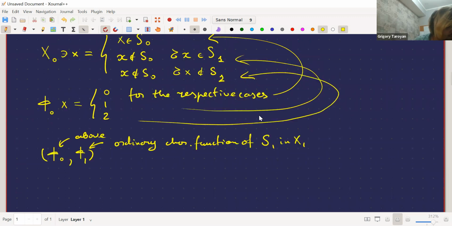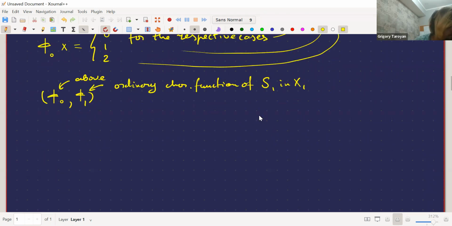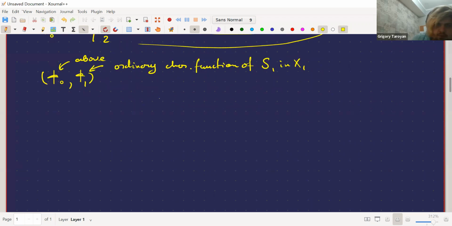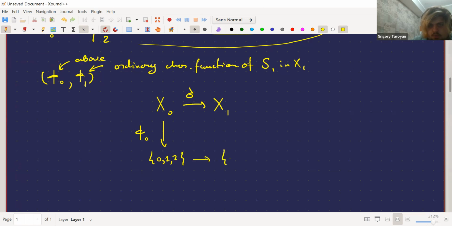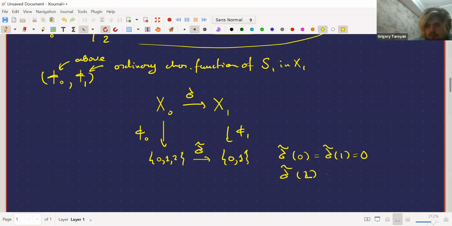Then what we get here is precisely the following diagram. We have X0 goes to X1 by sigma. We have phi 0 going to {0, 1, 2}. We have the set {0, 1}. We have phi 1. And here we have sigma tilde, which works like this: sigma tilde of 0 is equal to sigma tilde of 1 is equal to 0, and sigma tilde of 2 is equal to 1.